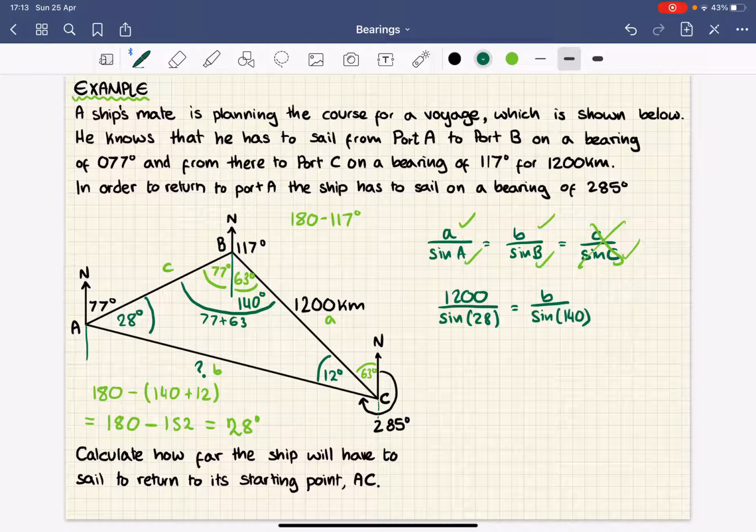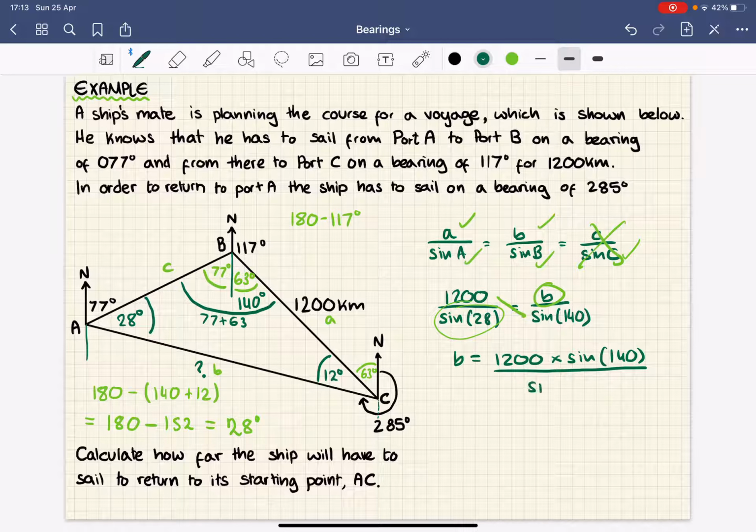Okay, so b is the thing I want. So I write b equals, multiply across that diagonal. So 1,200 times sine 140, and then divide by the last thing remaining. So sine 28.